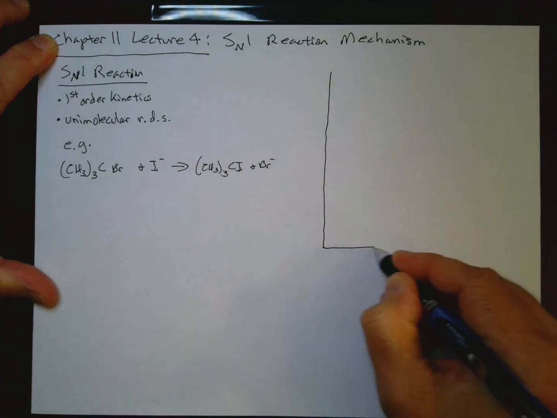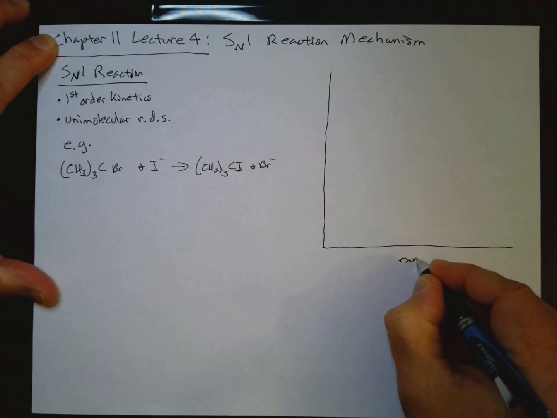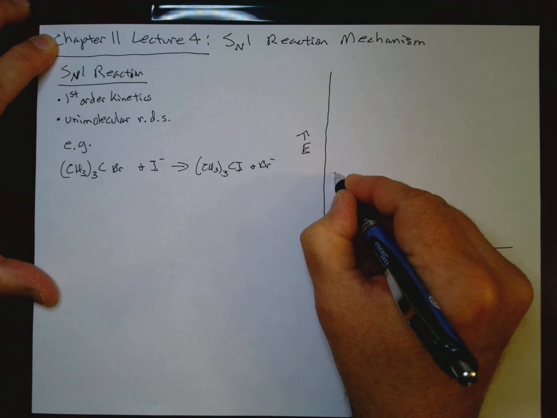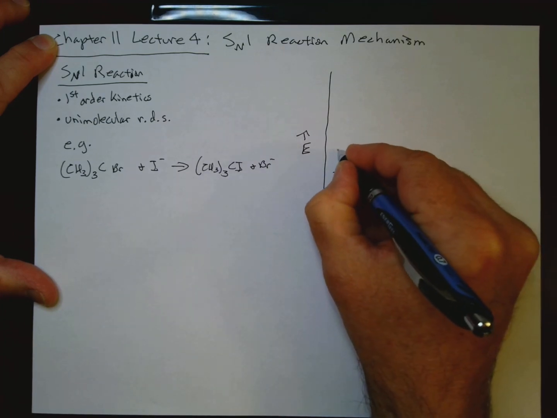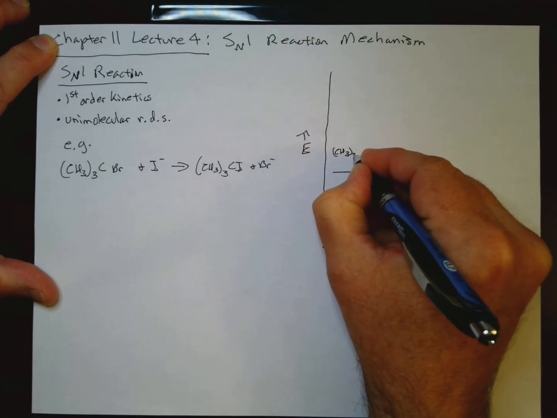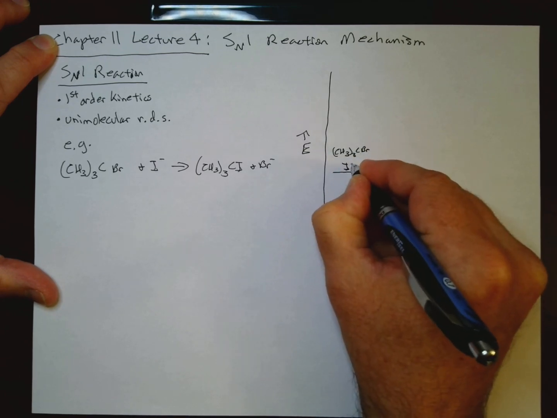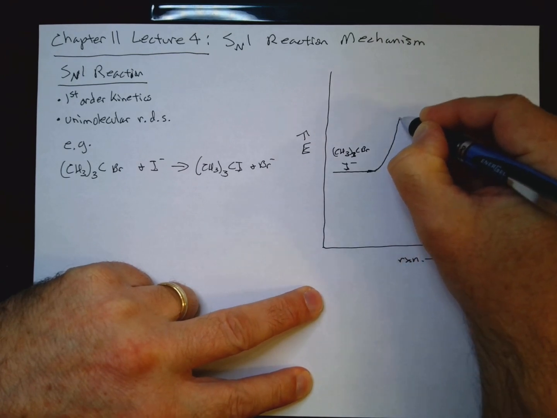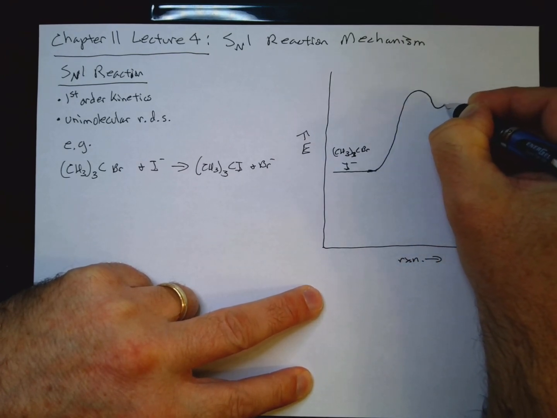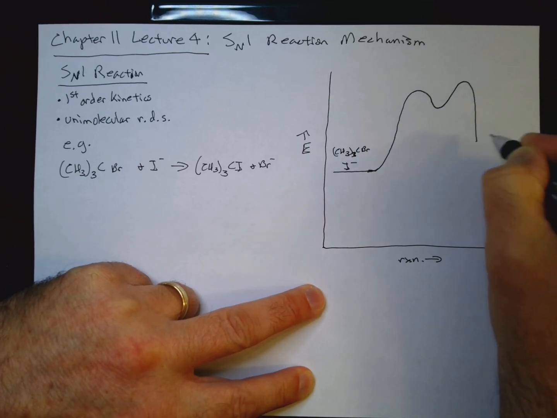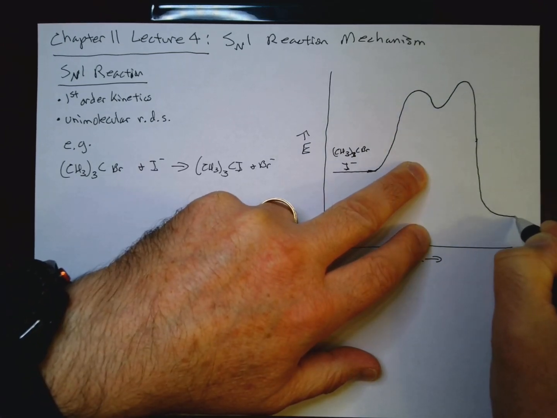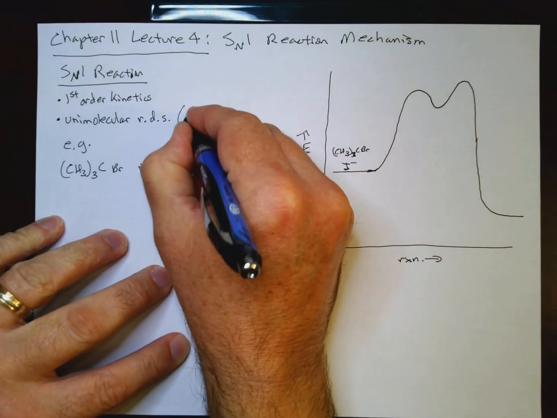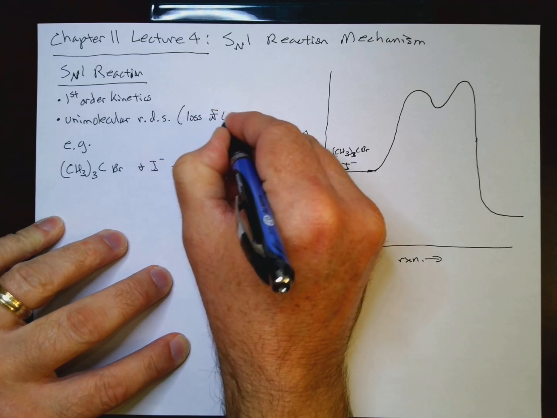if we drew an energy diagram here, a reaction progress diagram, we'd see that we might start with our reactants here, (CH3)3CBr and I minus, and then our rate determining step is going to be our loss of the leaving group.